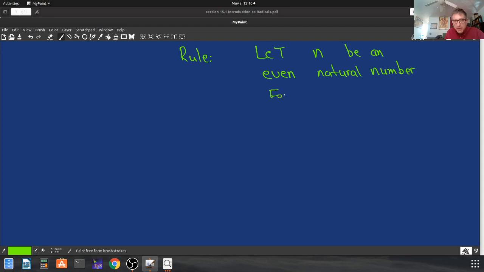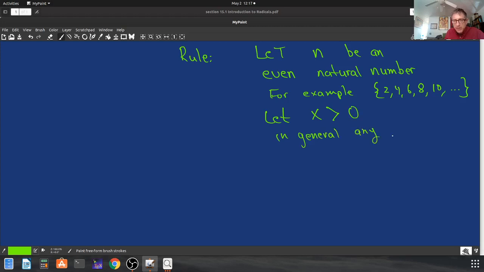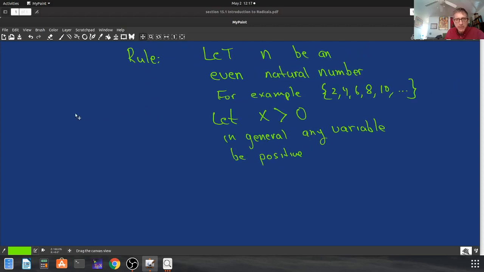For example, numbers in the set of 2, 4, 6, 8, 10, etc. And let x be greater than 0, or in general, let any variable be positive, because sometimes they don't use the variable x.